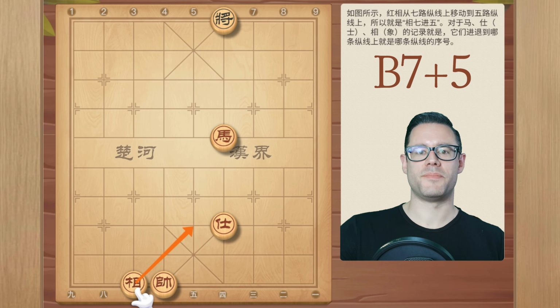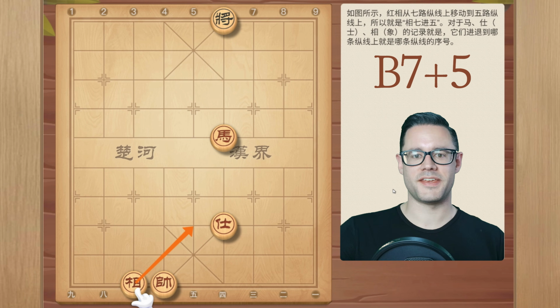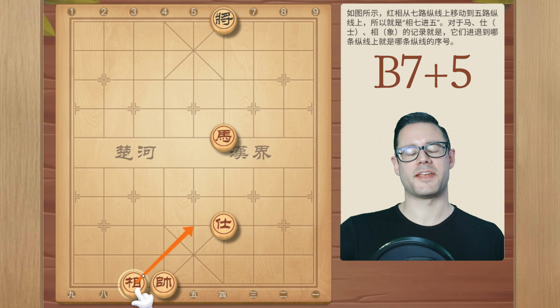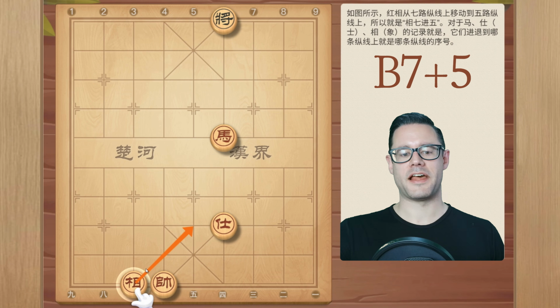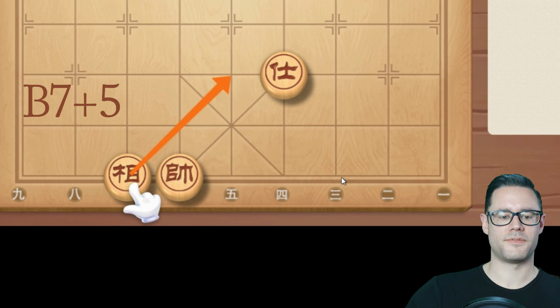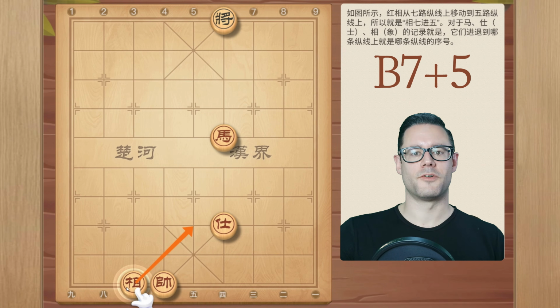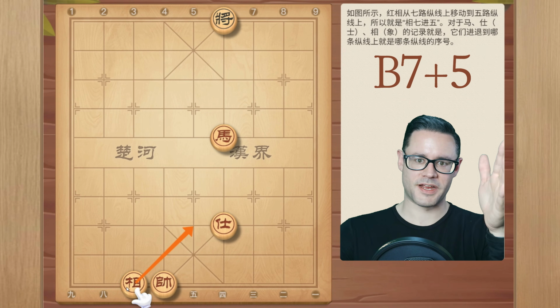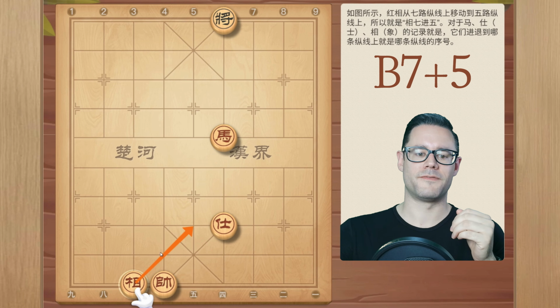Same thing for elephants. In this case, we've got B7 plus 5. And elephants are annotated with B. I'm guessing that it's because elephants move kind of like bishops in Western chess, so elephants are annotated with the letter B. We have an elephant on file 7, 1, 2, 3, 4, 5, 6, 7, advancing forward, so moving in a forward direction across the board, to file 5.